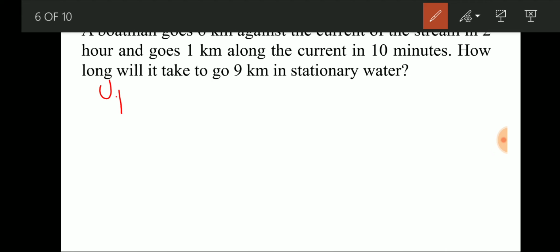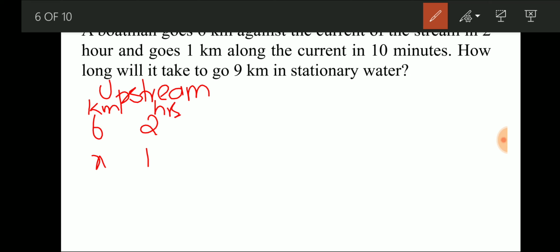So for 6 kilometers, it takes 2 hours. For 1 hour, it travels how much? Just a cross multiplication. We could very easily say upstream speed is going to be 3 kilometers per hour.